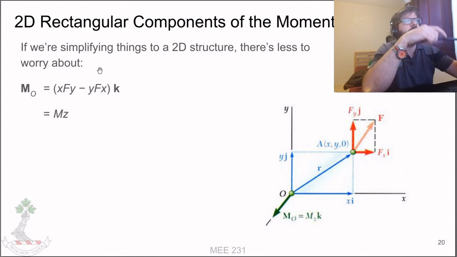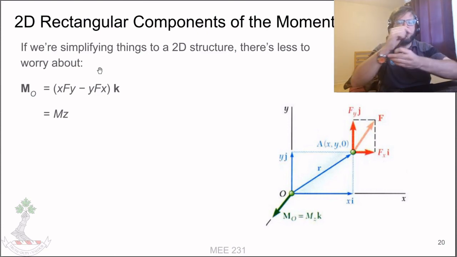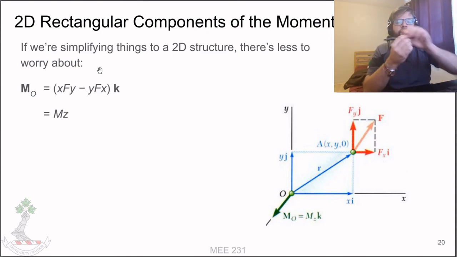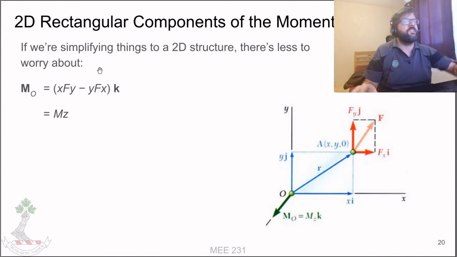The Z-axis isn't shown for this 2D structure, but the structure needs to rotate on the page. So we describe that rotation on the page as rotation about the Z-axis. That simplifies the calculations somewhat.